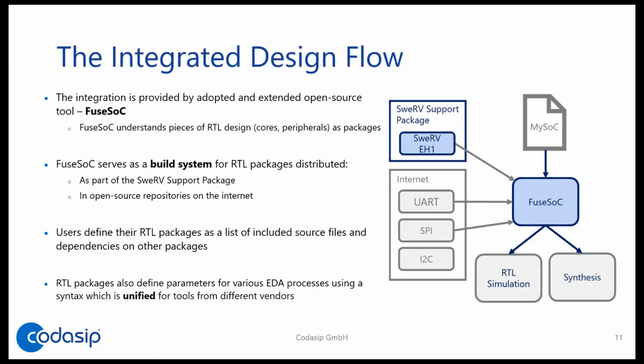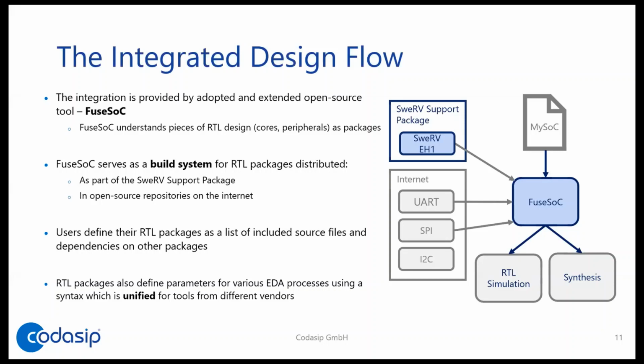We adopted and extended an open source tool called FuseSoC, which serves as an integrated design flow in the support package. FuseSoC actually has several functions inside the package, and I will explain them on this slide. It allows the user to specify their RTL project as something that FuseSoC calls a package. Each FuseSoC package can have dependencies on other FuseSoC RTL packages.